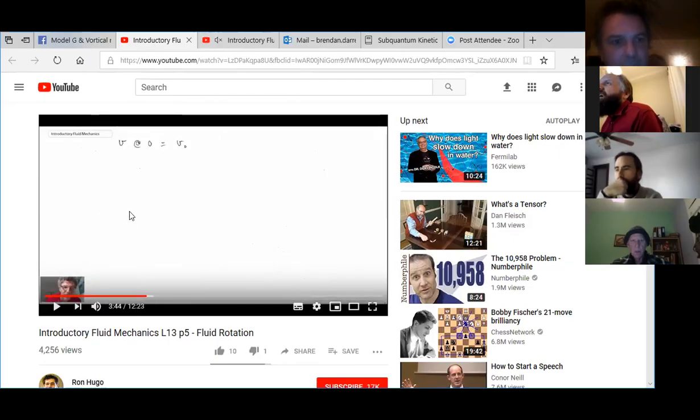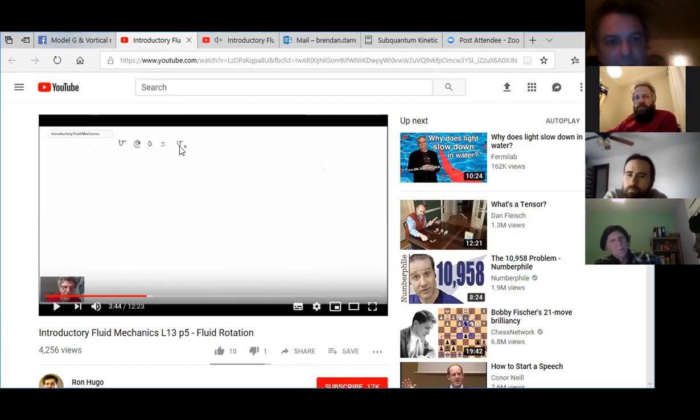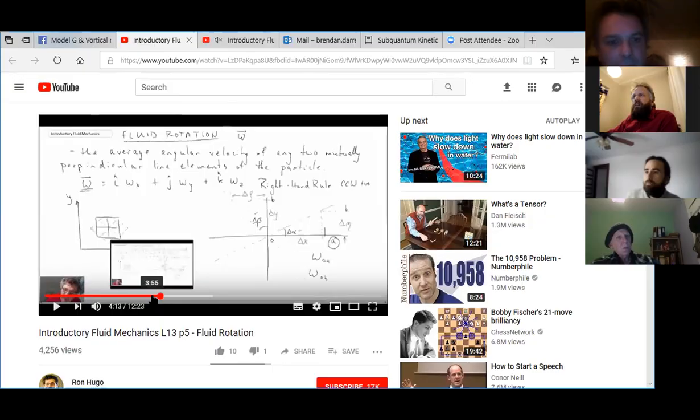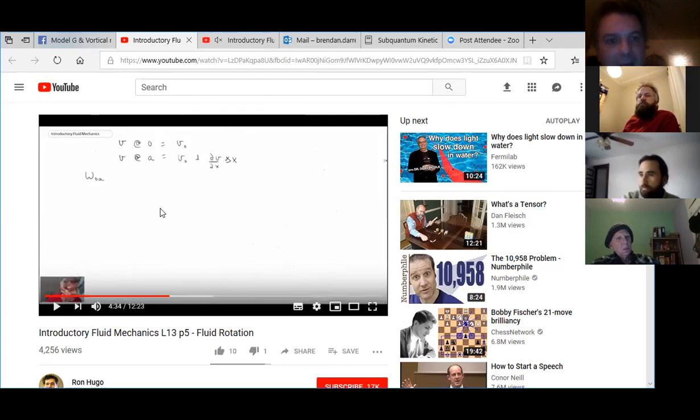And can you see here, he starts with, say, at the origin, V at the origin equals the value of velocity. And then he's saying this is point A here, and this is point B here. Then at A, you've got the translational velocity, and then you add the rotational.